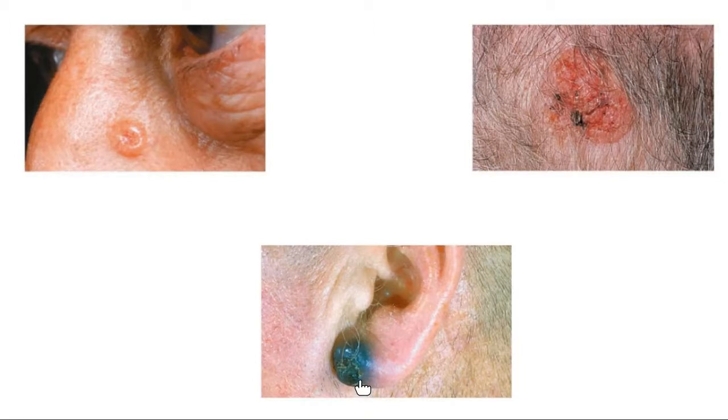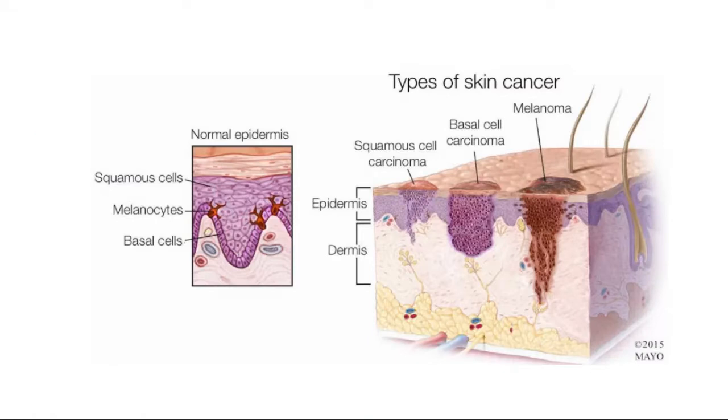Sometimes it's not the melanocytes that become cancerous. Sometimes what becomes cancerous are keratinocytes. Keratinocytes are the cells that make up most of the epidermis, right? Melanocytes are sprinkled in here and there in various little places, but most of our cells are keratinocytes.